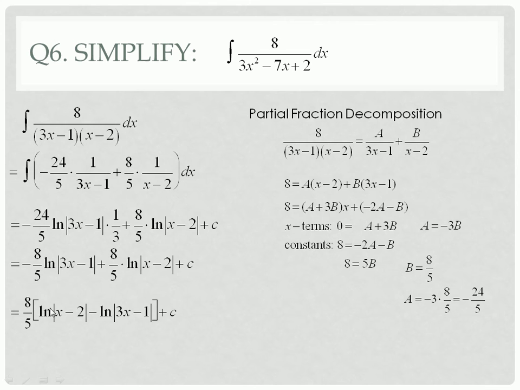And I brought the positive term first, natural log of x minus 2 minus natural log of 3x minus 1. And then use the quotient rule for logs to combine those into a single log term. 8/5 natural log of x minus 2 over 3x minus 1, and then my constant of integration plus c.